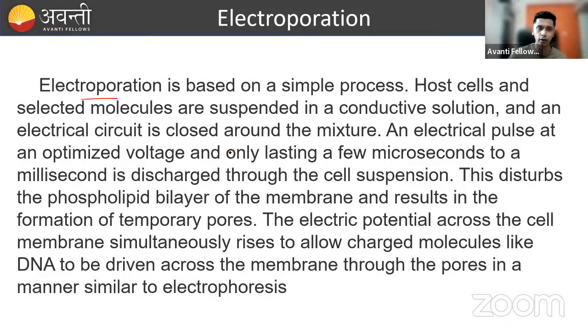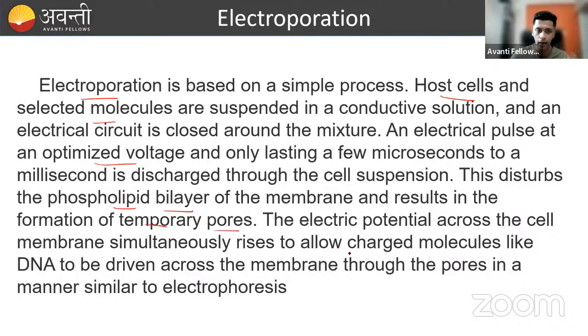So what is happening in electroporation? The host cells and the selected molecules, whichever it is, get an electric pulse passed at optimum voltage for only a few microseconds. So what will happen? This will disrupt the phospholipid layer, that means it will temporarily open the phospholipid layer as pores.